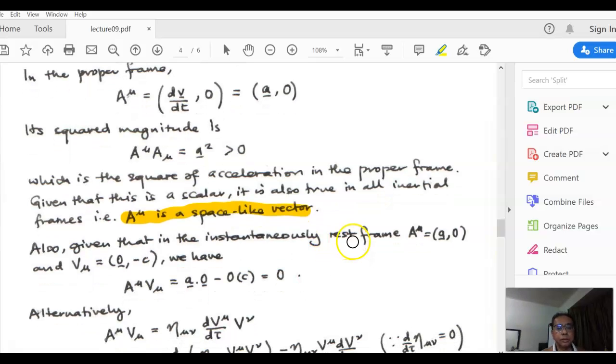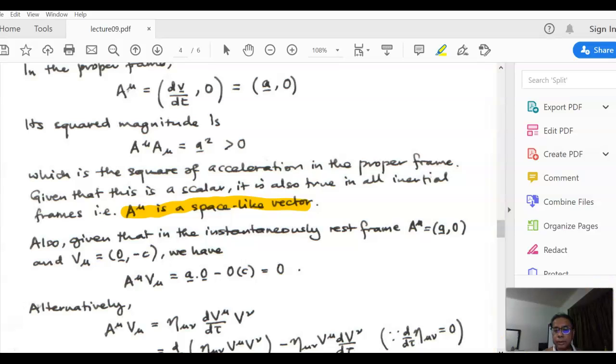If we just go to the proper frame itself, you have A mu given by this, and V mu, in the proper frame, has zero velocity and then minus c for the fourth component. So you can simply do the dot product, with a negative sign for the fourth component, and that gives you again 0.